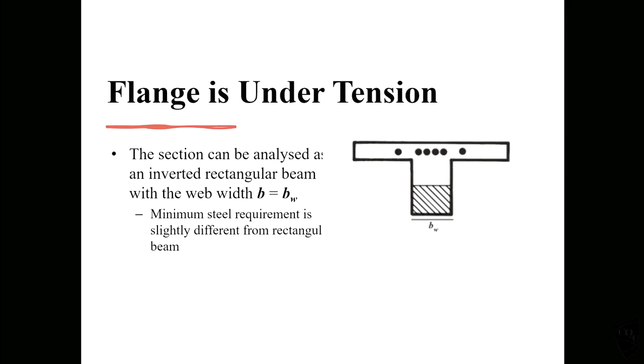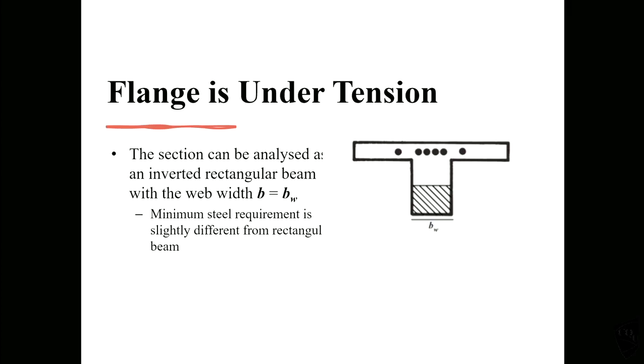So if the flange is under tension, you can see that the tensile reinforcements will be on the top part, because the flange is under tension, so we provide the reinforcement on the tension side.